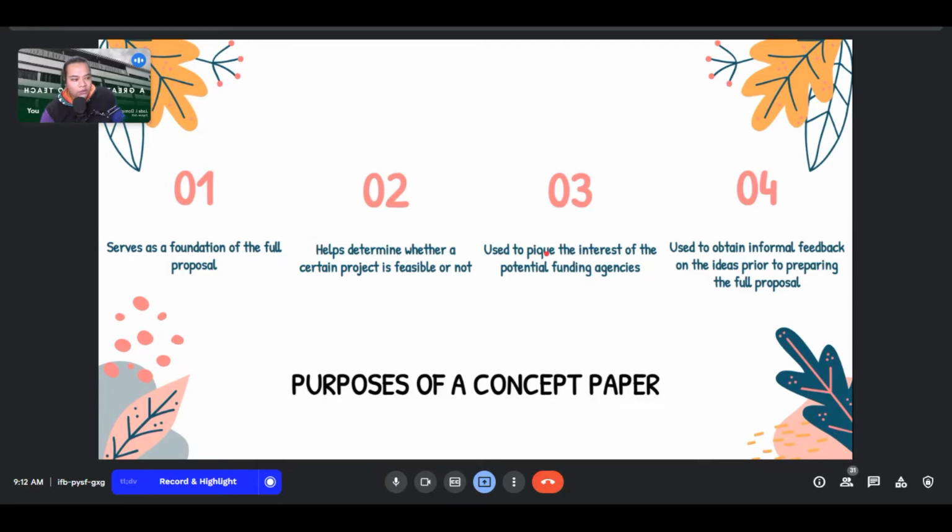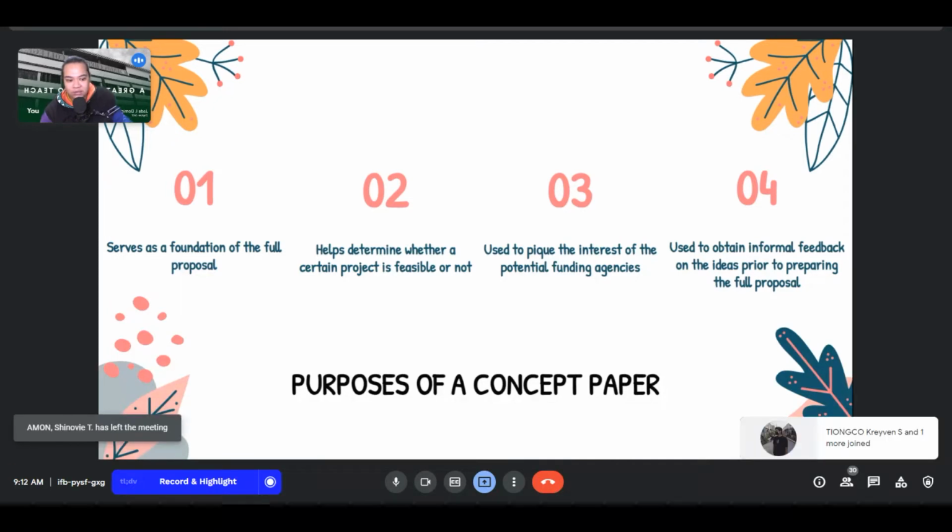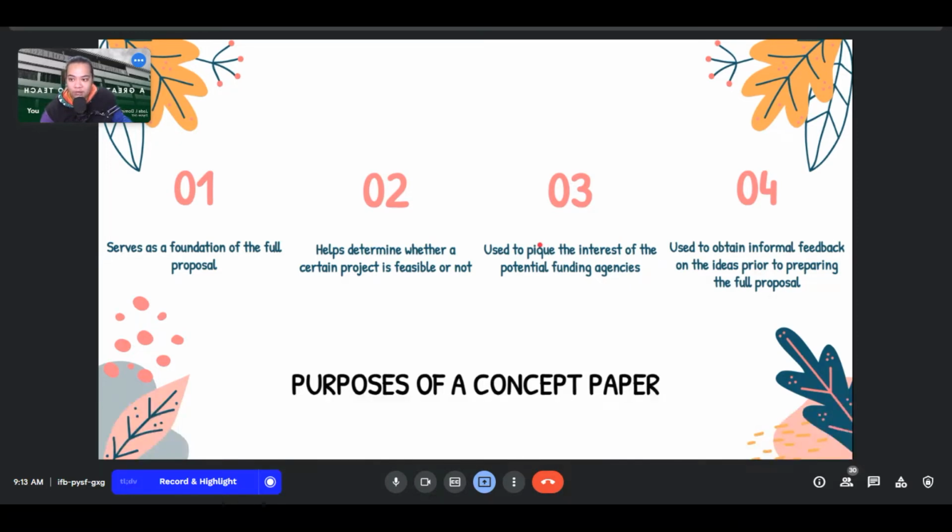I do have a friend who created an entire concept paper for his research because he wanted to gain funding from the government for this certain scientific research. And there are branches of the government who do that.